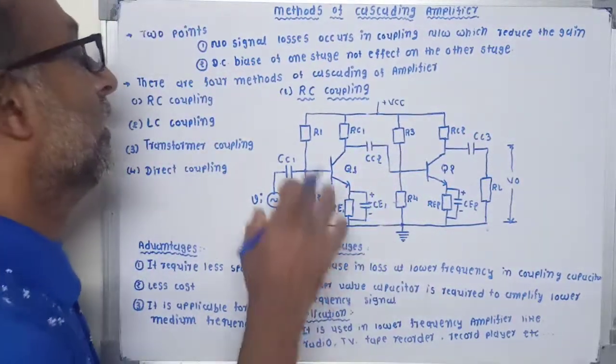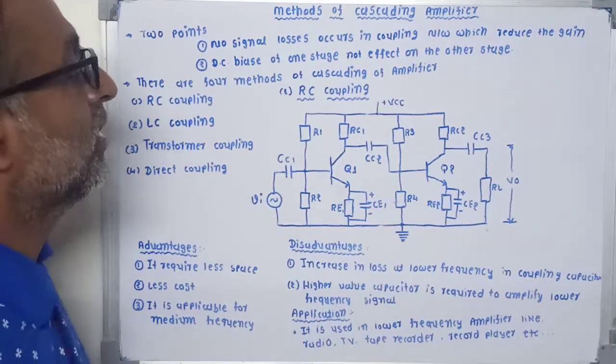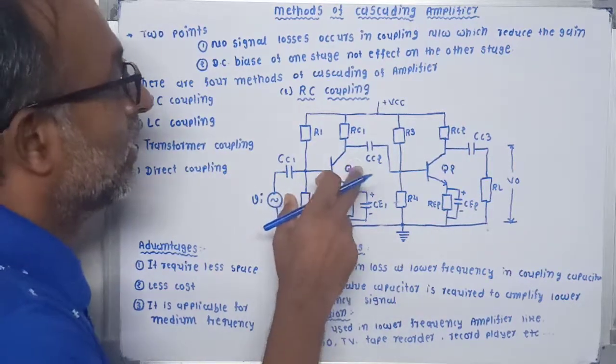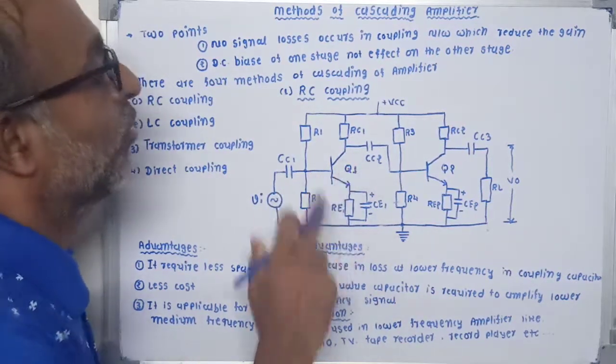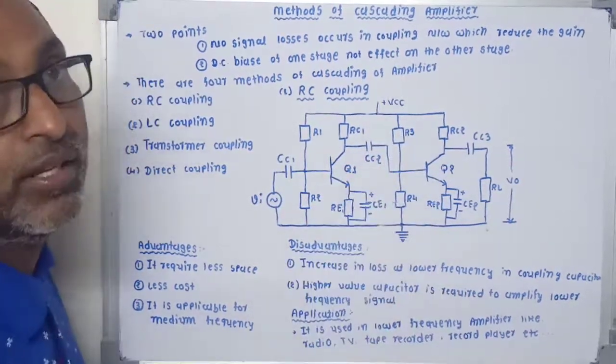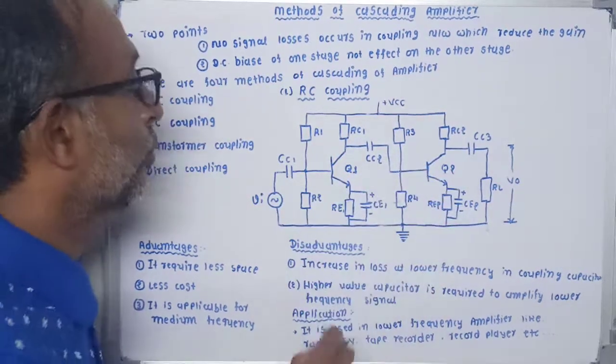Now here the resistances R1 and R2 form a voltage divider circuit to bias the transistor Q1, and similarly resistances R3 and R4 form the voltage divider to bias the transistor Q2.